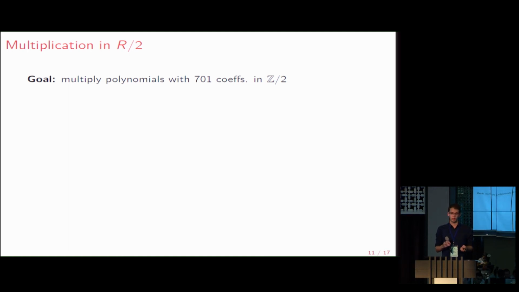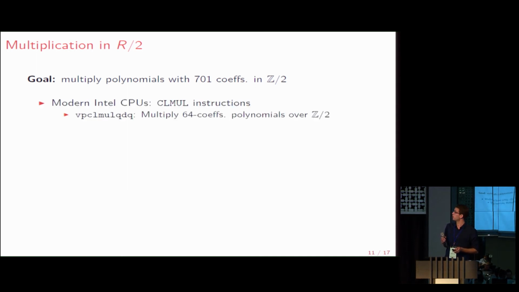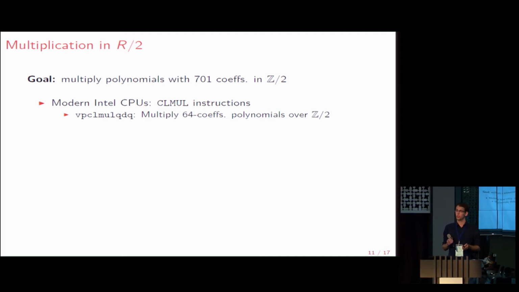As we saw before, multiplication, we can do a composition of Karatsuba and Toom. But in this case, Intel provides us with some very nice instructions. There's the CLMUL instruction set, which allows you to do multiplications in binary polynomials. There's the VPCLMULQDQ instruction, which multiplies polynomials of 64 coefficients.